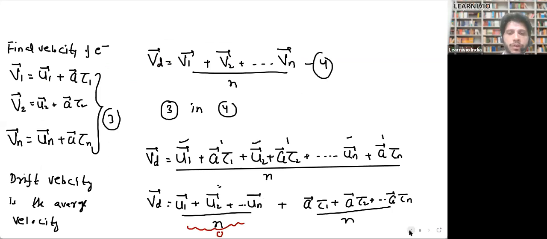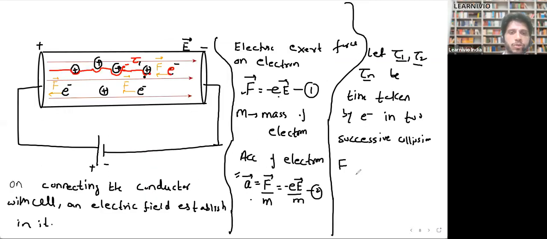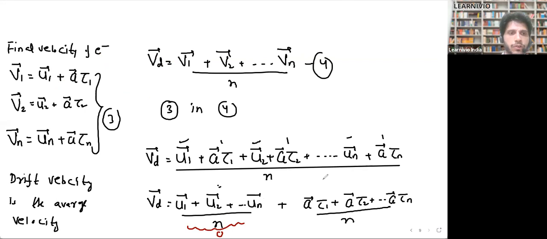Okay, so this is equation number 2, and this is equation number 3, and this is equation number 4. This is 5. So I'm substituting 4 and 5.